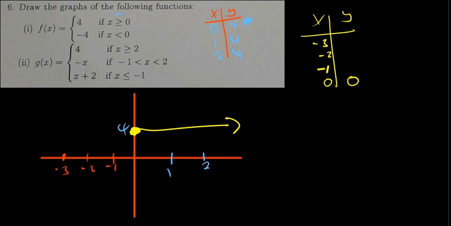But still I'll end up having 4, because I don't have any value of x, I'll end up having 4. Meaning that it will just keep on going there. We don't know where it ends. But at that point it has to be an open circle going there. That's the graph of the first part.